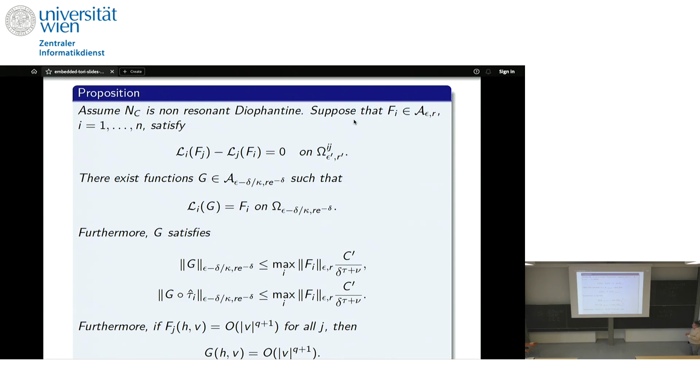And here you have to divide by something that's related to the amount of discrepancy that you have. The tau is the same that is defined from the small divisor problem. And the nu is something that comes from the geometry of the torus. It's a bit complicated to define, and I will not do it. This is defined there, and also this one is defined there, and it satisfies this kind of property.